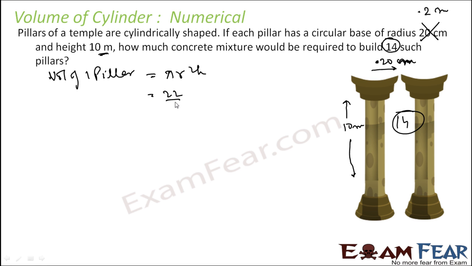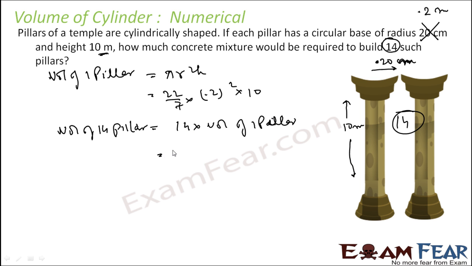Put the value 22 by 7. R is 0.2, 0.2 square. H is 10. That is the volume of one pillar. So volume of 14 pillars is 14 into volume of one pillar.